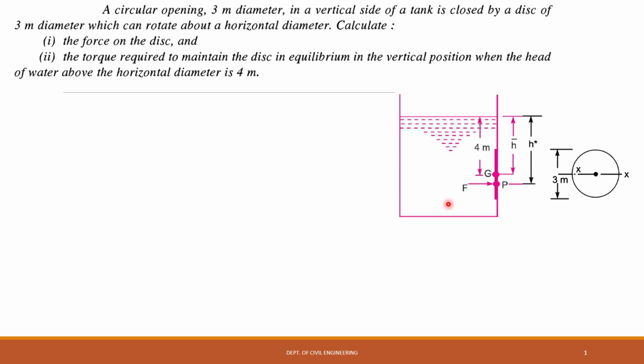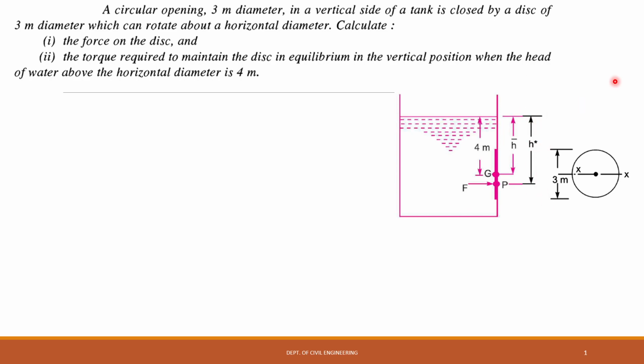And what is H bar? H bar is the distance from the free surface of water to the centroid or the center of gravity of the disc. What is H star? H star is the distance from the free surface to the point at which the total pressure is acting. So H star is the distance of the center of pressure.